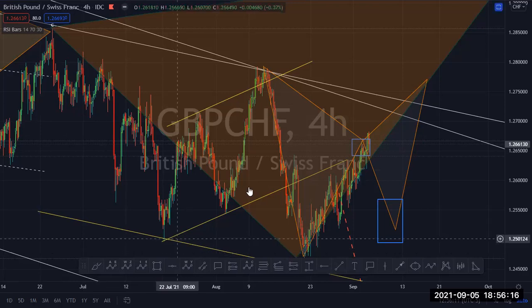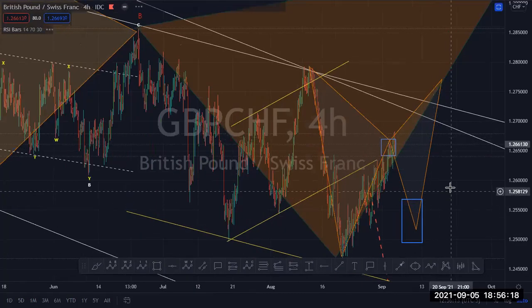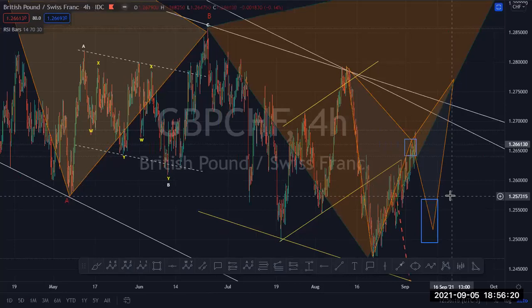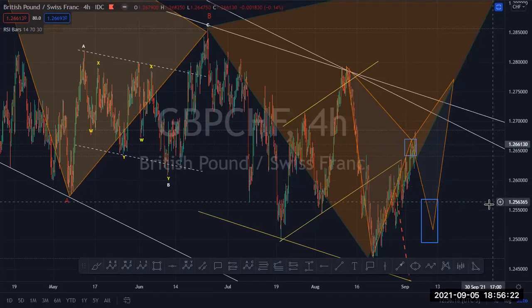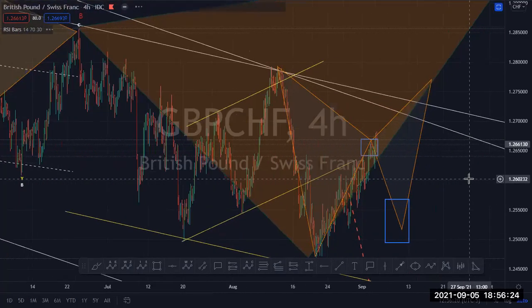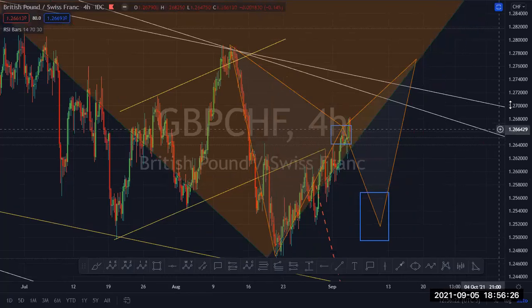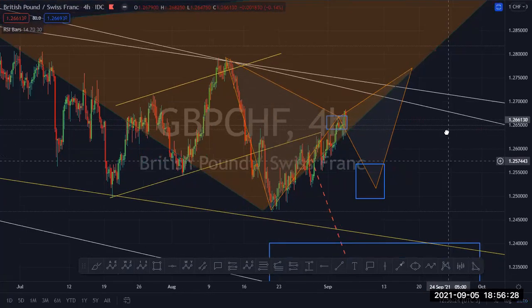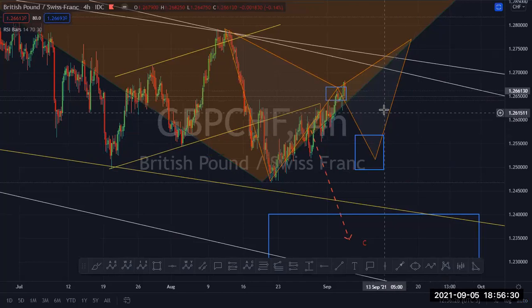So 4 hours, we have 2 options here. We have 2 options on pounds in these 4 hours. Option 1, we will get a correction. Now, okay, let me show something.